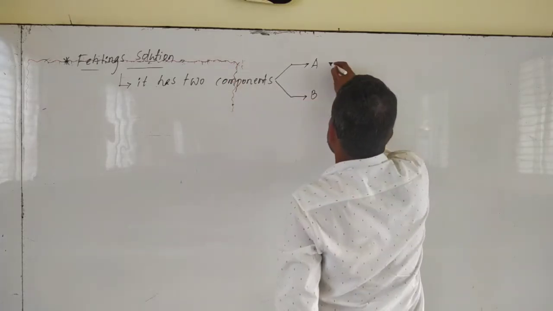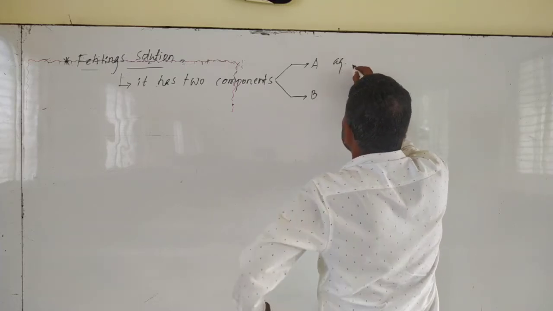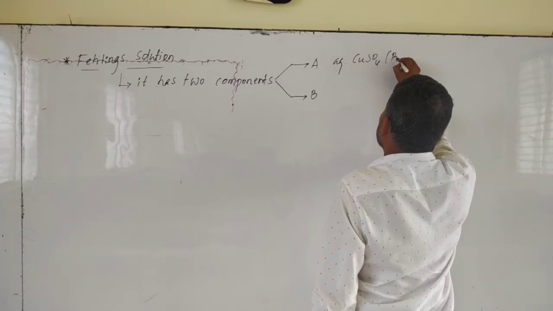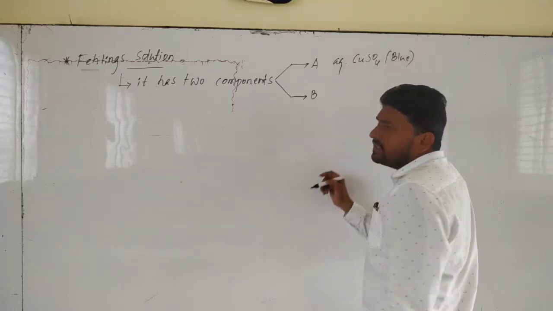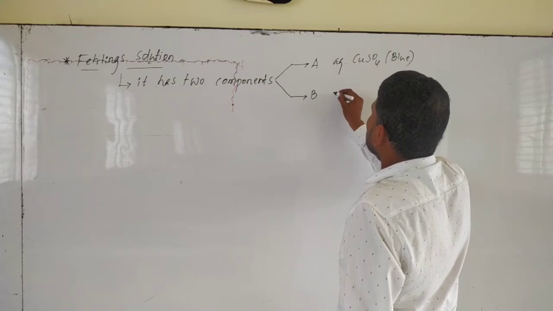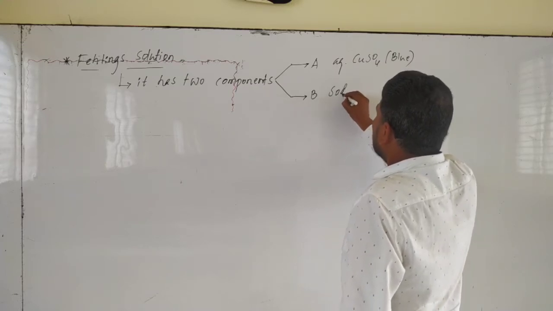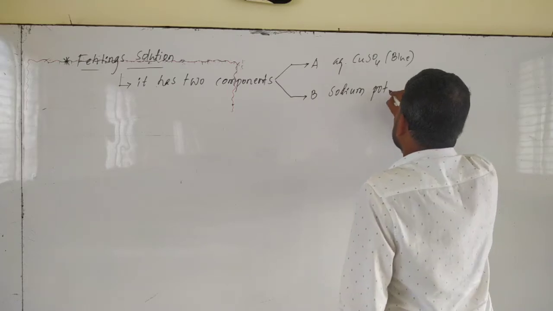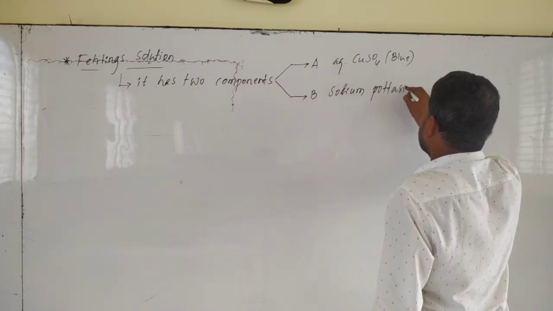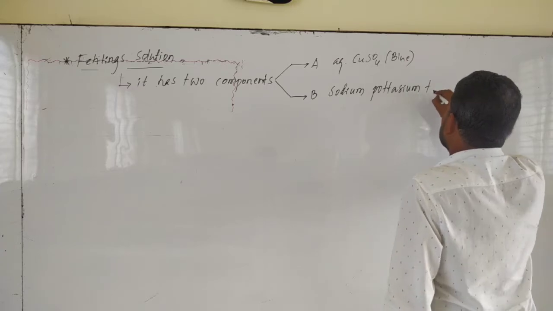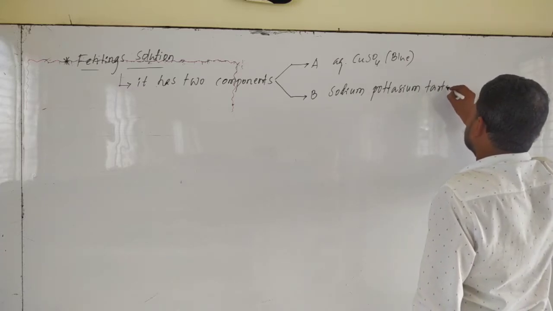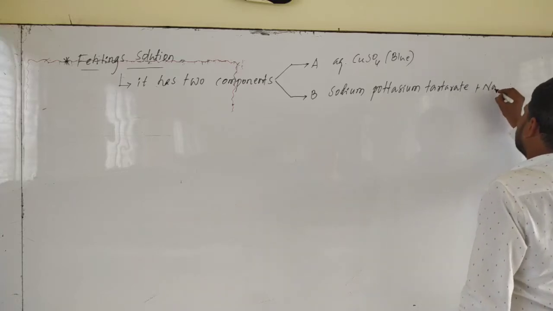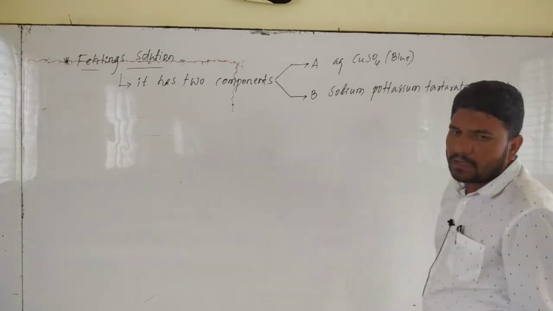Fehling solution A is nothing but a blue aqueous copper sulfate solution. What is Fehling solution B? It is nothing but a solution of sodium potassium tartarate in alkali like sodium hydroxide.